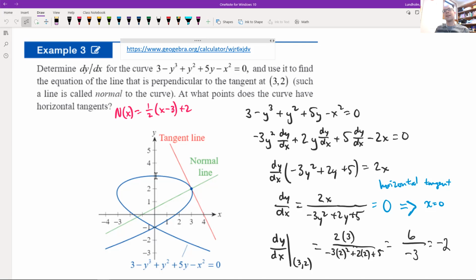And I guess one of the things that you'd want to watch out for is you wouldn't want the denominator to be 0 at the same time, because then you would be in an indeterminate form.